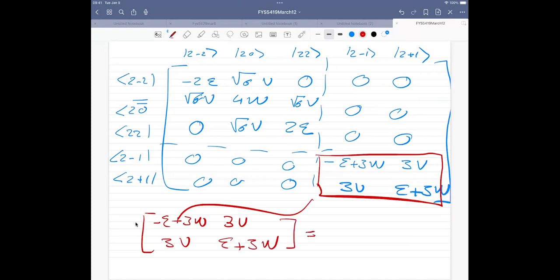And this is something which I can rewrite as 3 times w of I minus epsilon times a Pauli Z matrix plus 3 times v times a Pauli X matrix. And this is again the exercise which we had for the simple 1-qubit case. So this smallest block is something which we can translate immediately into a 1-qubit problem.